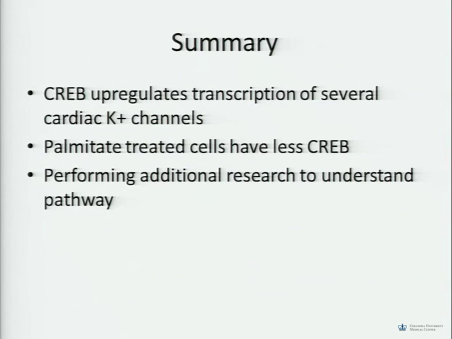In summary, these results have shown that Krebs upregulates the transcription of several cardiac potassium genes, both in mouse and human proteins. The palmitate-treated cells have less Krebs, and we are performing additional research to identify upstream regulators of Krebs and get a better grip on what's happening.